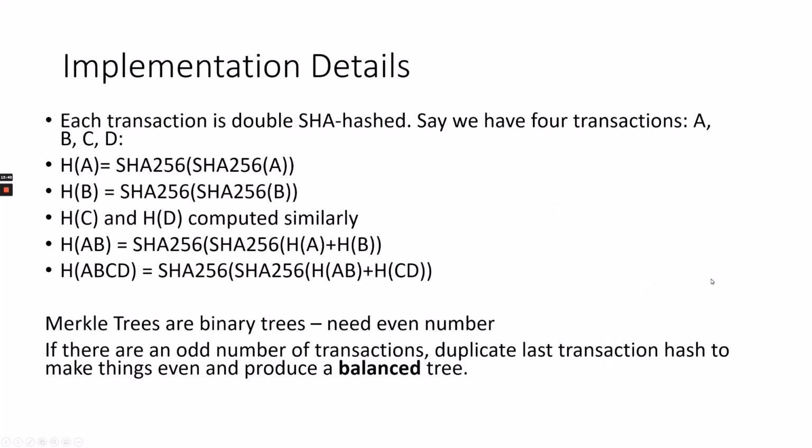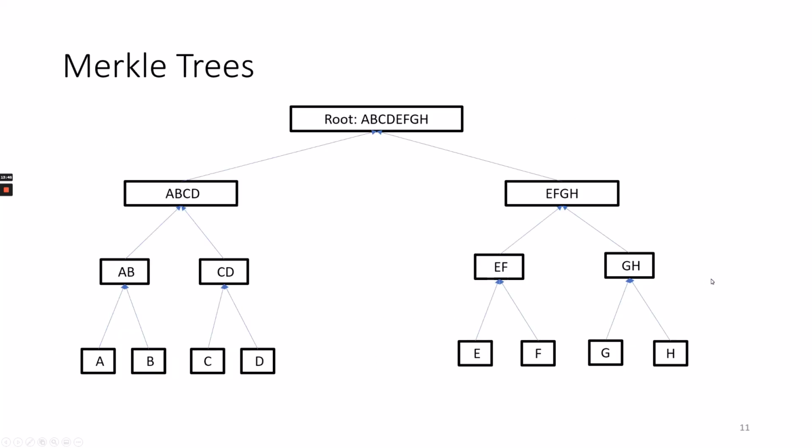So how do we actually go about this? How do we implement this? This tree extensively uses hashing, as we discussed earlier. For example, at the lowest level, we would take the hash of A and the hash of B, the hash of C and the hash of D, hash of E, F, hash of G, and hash of H.